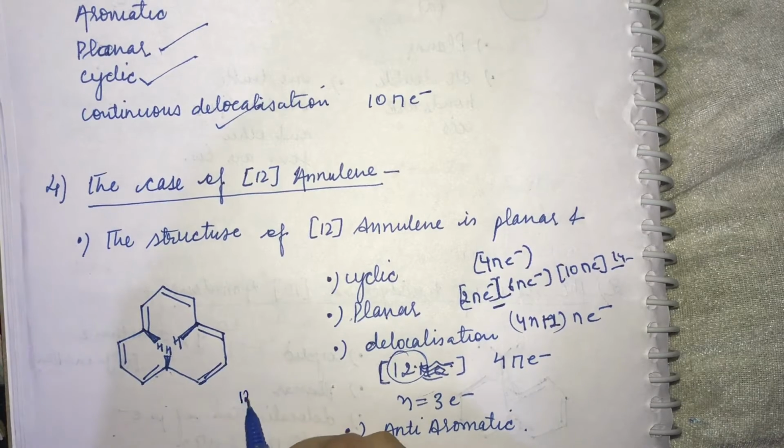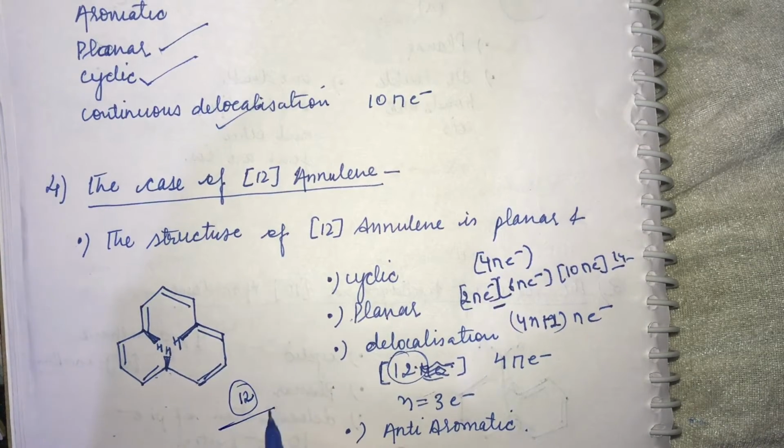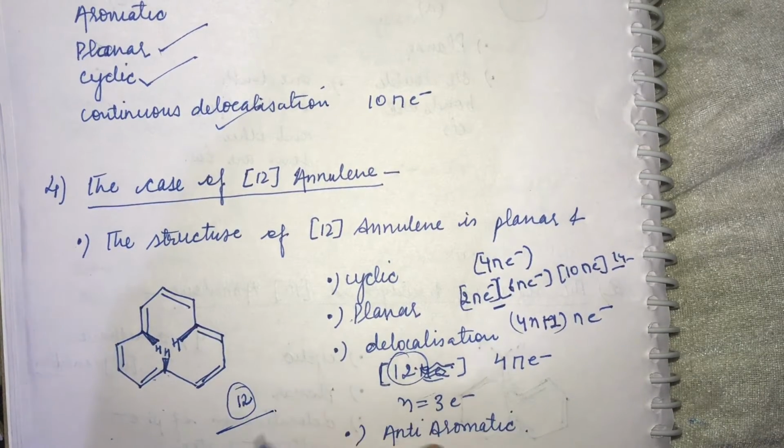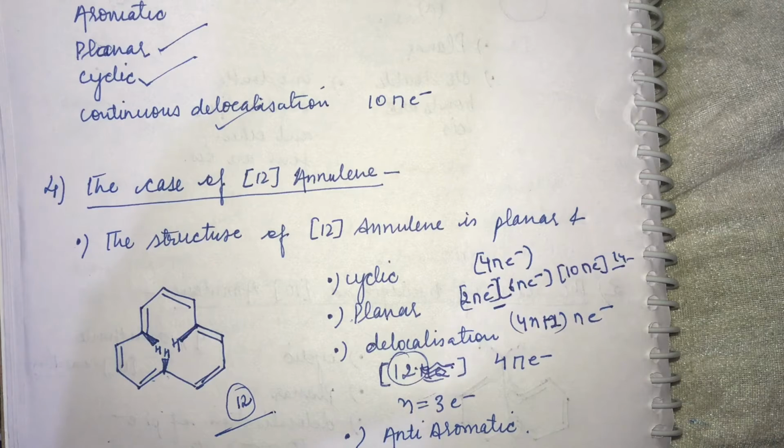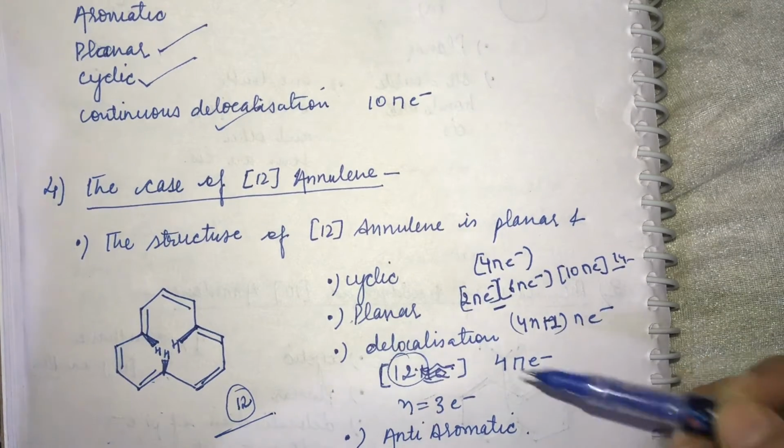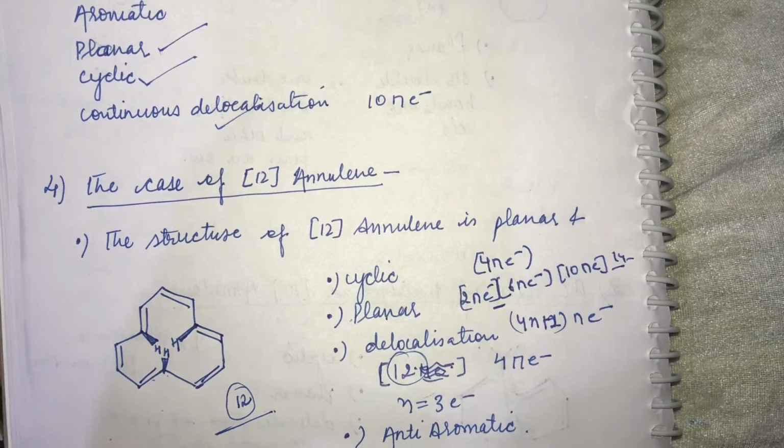Since the number of pi electrons continuously delocalized is 12, that is 4n pi electrons where n is equal to 3, this molecule is considered to be anti-aromatic in nature.